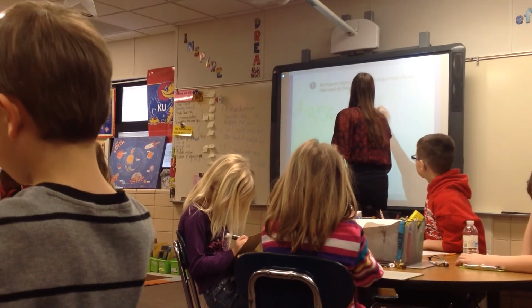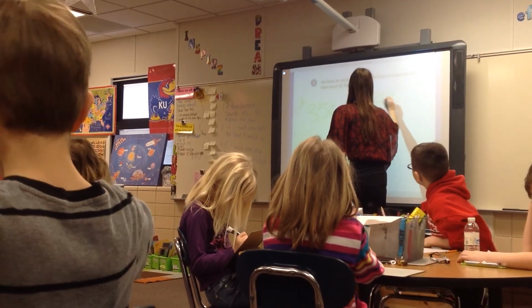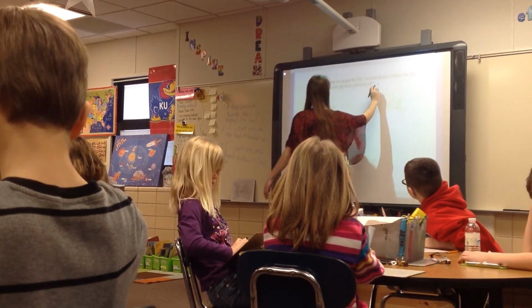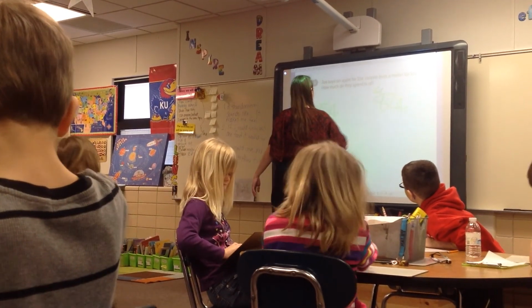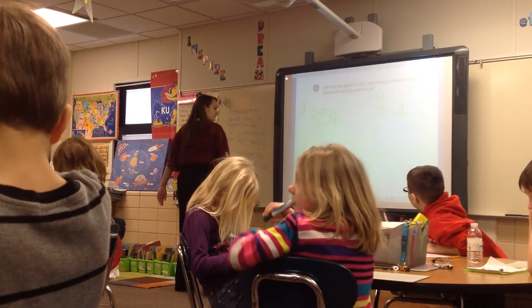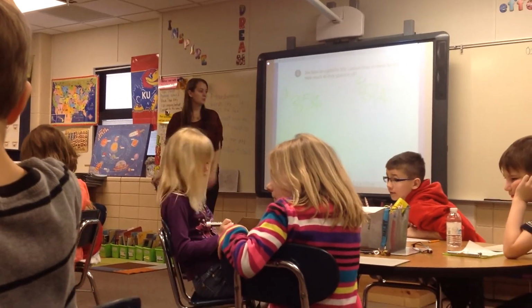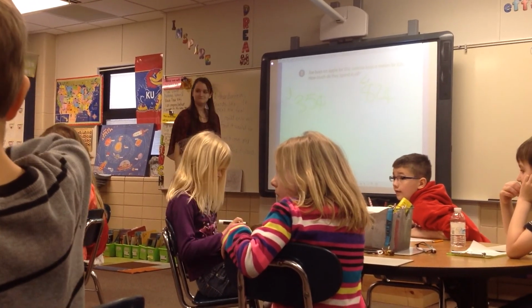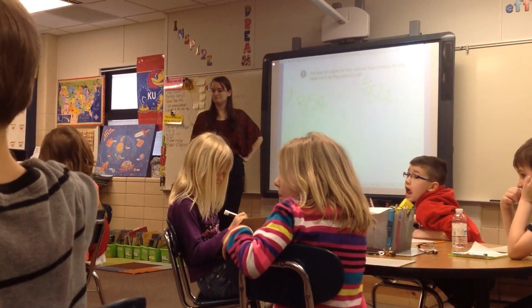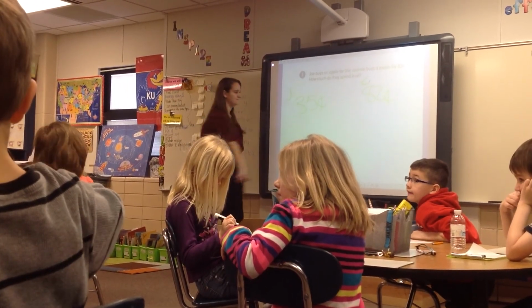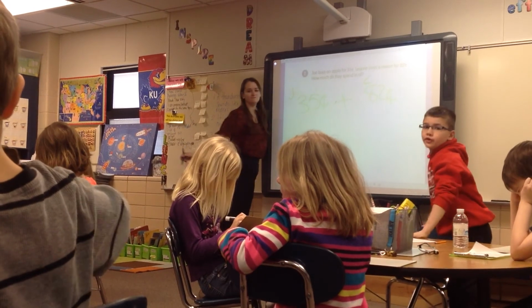Leanne spends 82 cents. Do I know my two parts and I'm looking for a whole? So if I know my two parts, am I gonna add or subtract? Add. Add.